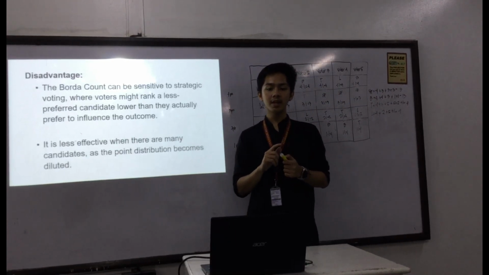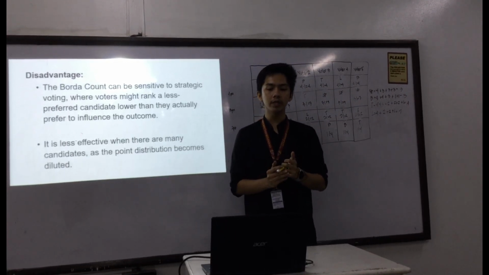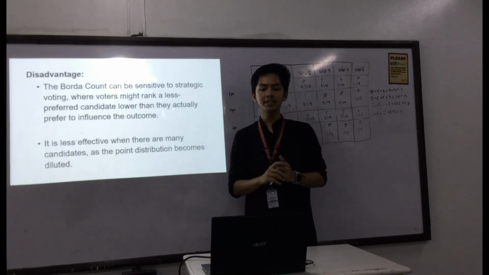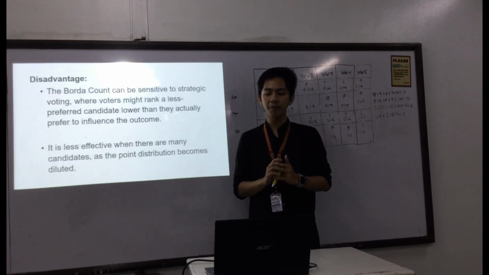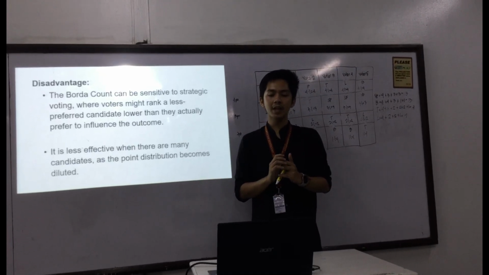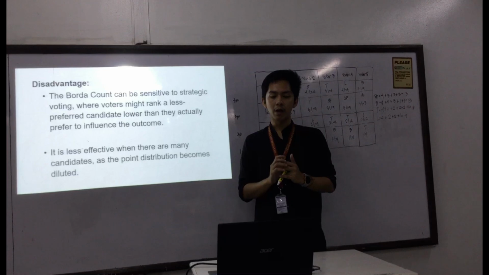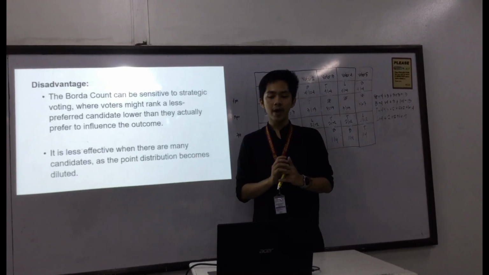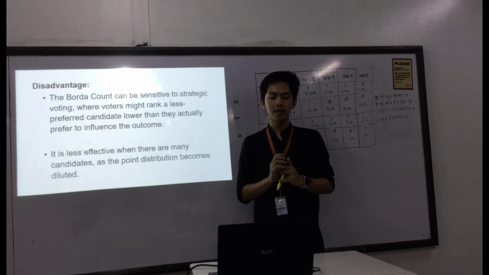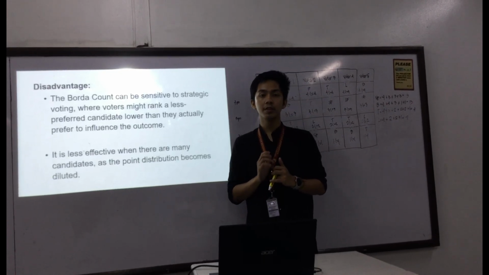One disadvantage of Borda count is it can be sensitive to strategic voting, where voters might rank a less preferred candidate lower than they actually prefer to influence the outcome. Then it is less effective when there are many candidates as the point distribution becomes diluted.